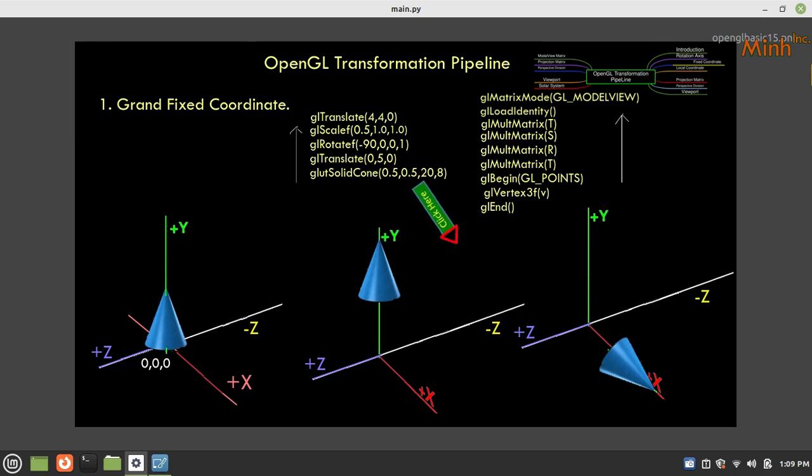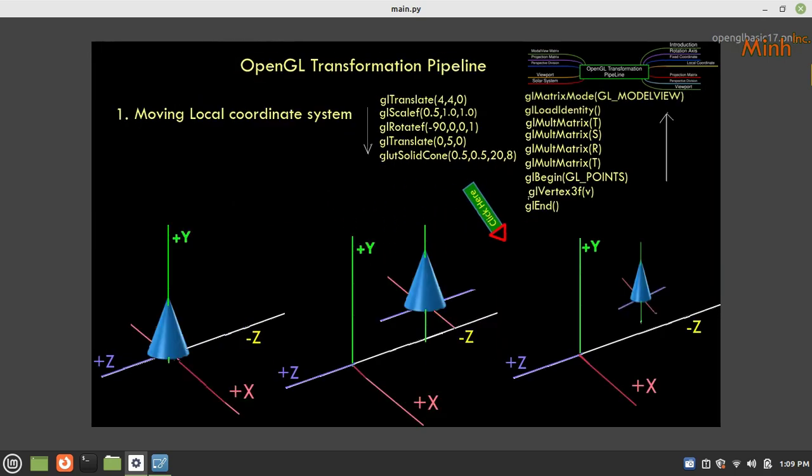Okay, there is no new axis here, but here there is a new axis: new Y axis, new X axis, and new Z axis. This new axis is local to the model, and this model is not dependent upon this fixed grand axis. So this concept is gone. This fixed grand axis can be thought of as if it doesn't exist at all. Now it has got its own local axis, which has Y axis, X axis, and Z axis.